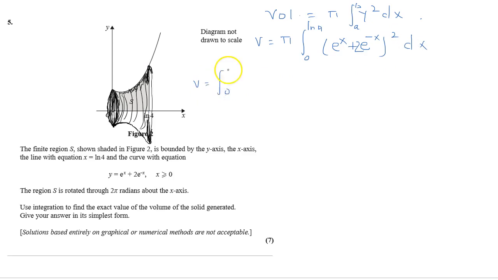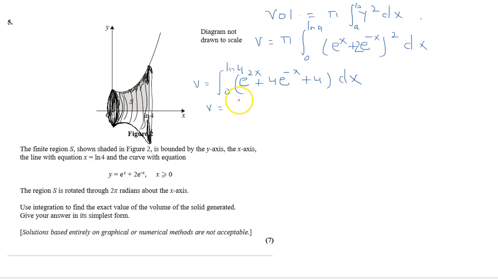So V will be integral from 0 to ln 4, and that squared is e to the power 2x plus 4 e to the power minus x plus 4 dx.